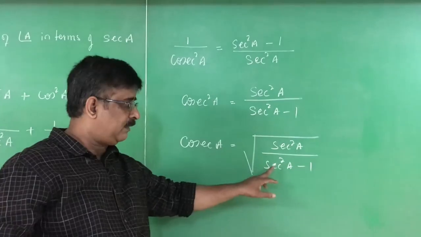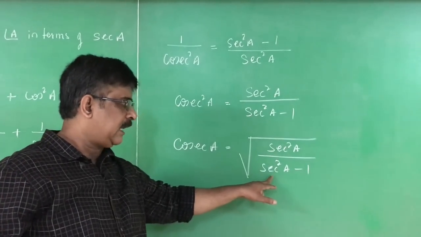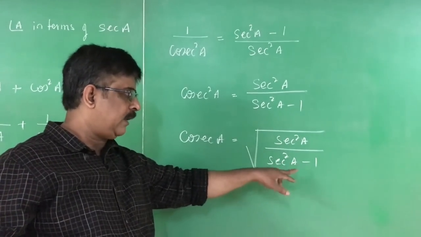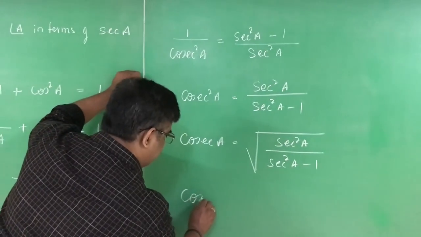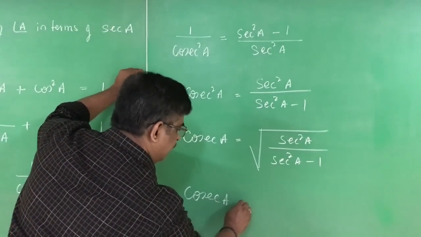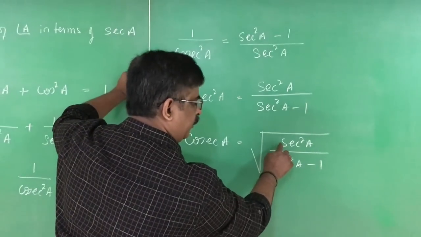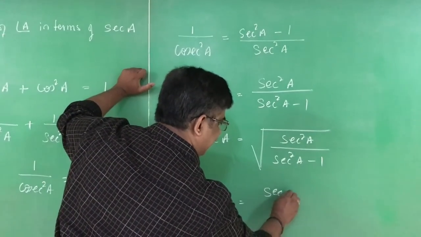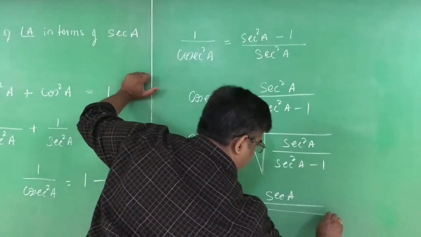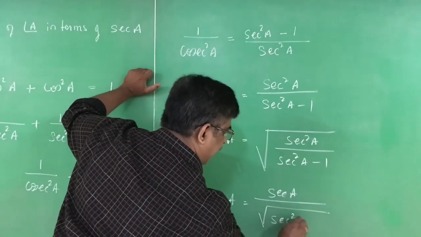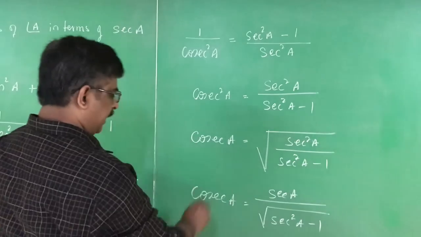But this is in the form of A square minus B square. This can be written as secant A plus 1 into secant A minus 1. Therefore, what I do is cosecant A is equal to, there is a square root for the numerator, that is secant A divided by square root of secant square A minus 1. This much I can keep.